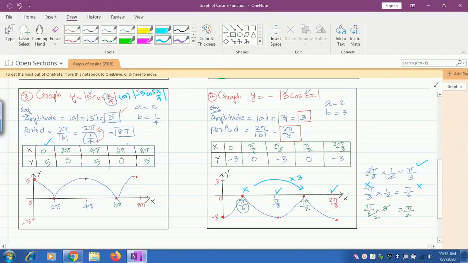Since the minus is outside the absolute value, all the curves go down, right? So in the last problem, the minus is inside, that's why all curves go up. If the minus is outside the absolute value, all the curves will be down, due to the negative.